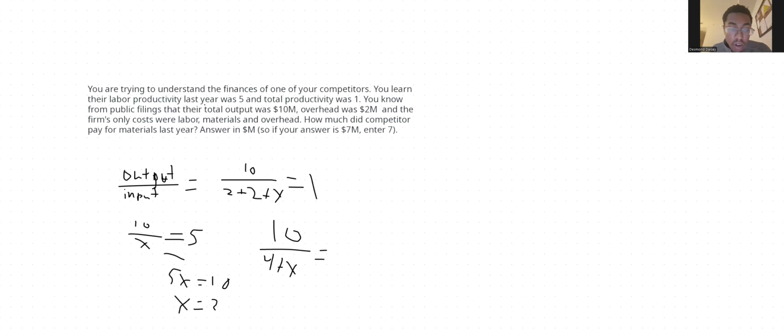Then you multiply this and then subtract the 4, and then boom, you'd get x equals 6. So their total cost for materials would be 6M.